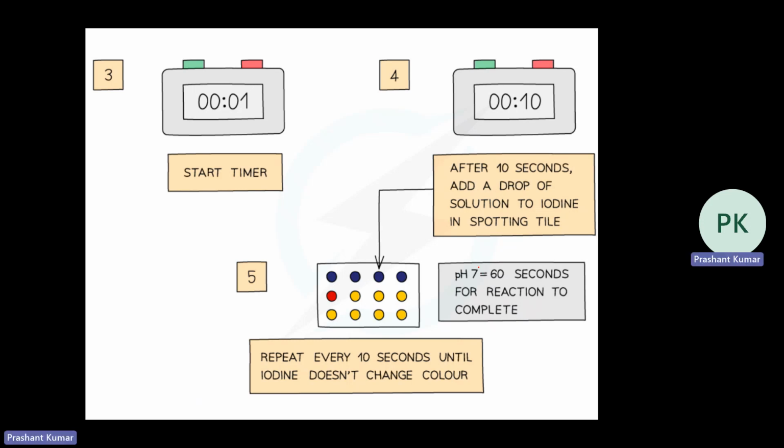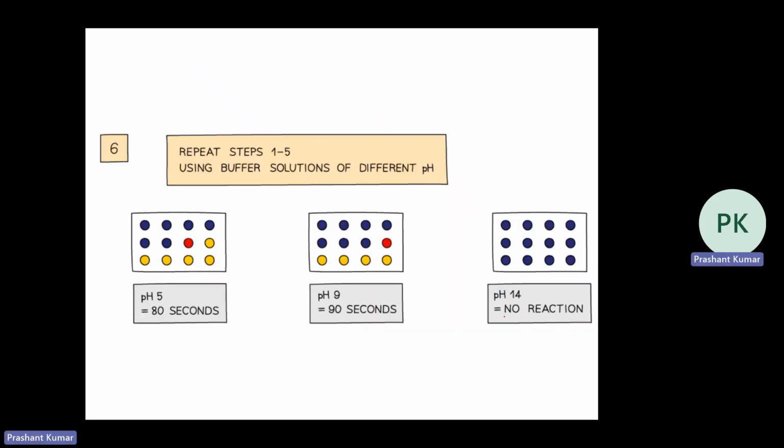So at pH 7, it takes 60 seconds for the reaction to complete. So that means the amylase enzyme works best in neutral pH. Right, neutral pH means they are effective at pH 7. So see here, when the pH was 5, slightly acidic, it takes 80 seconds. When the pH was 9, it was taking 90 seconds, and when the pH was 14, there was no reaction.